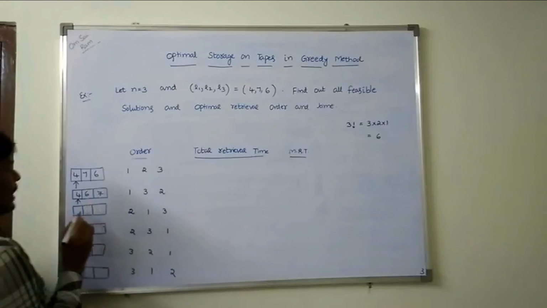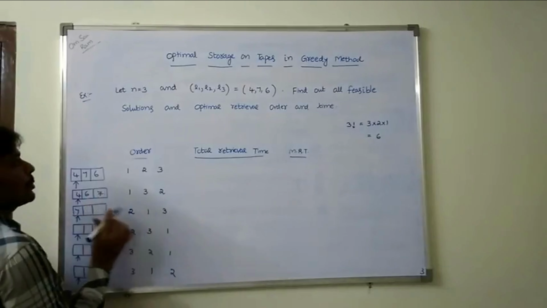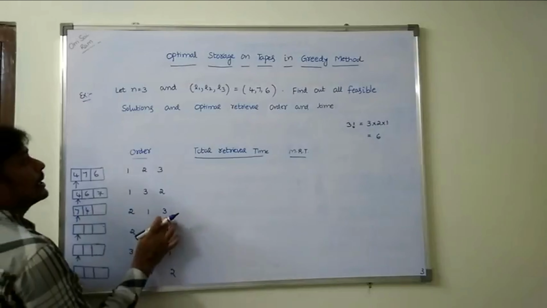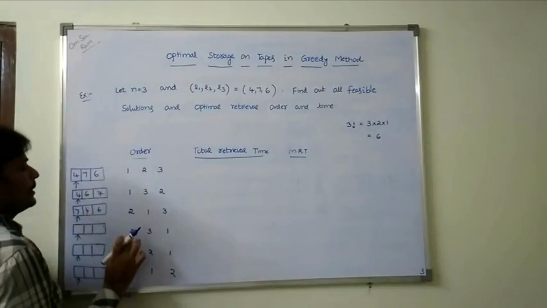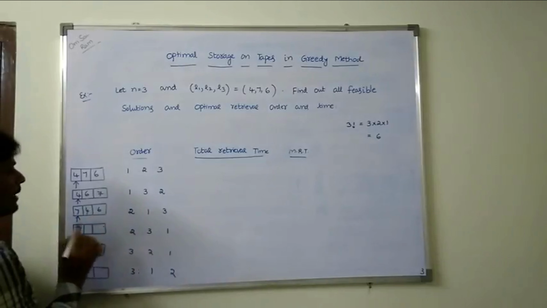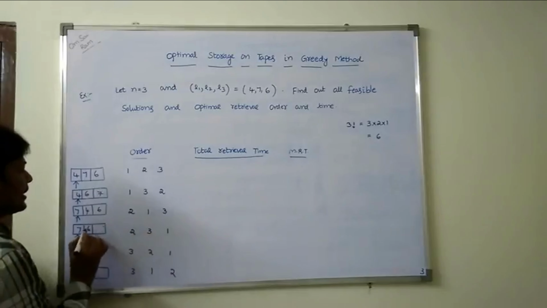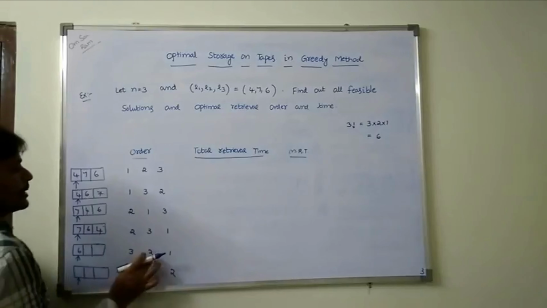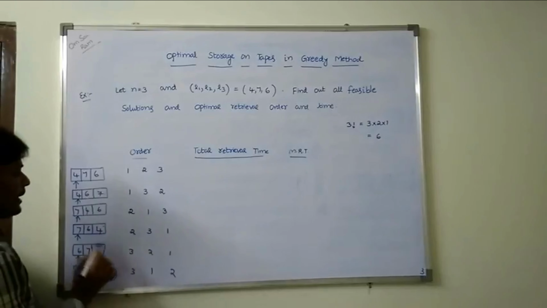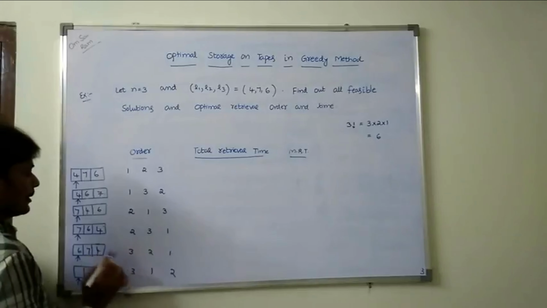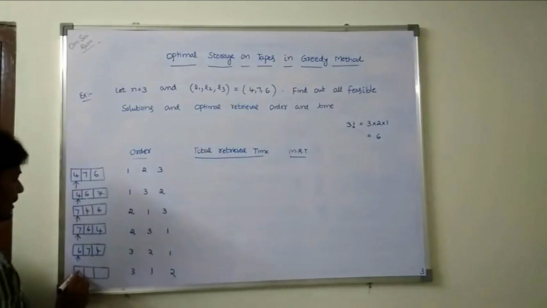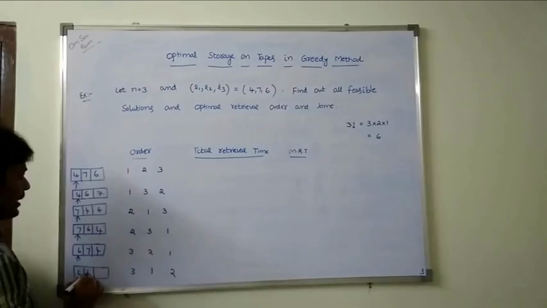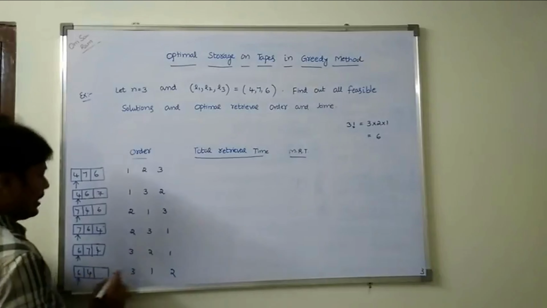Next, 7, 4, 6. Next, 7, 6, 4. Next, 6, 4, 7. Next, 6, 7, 4.